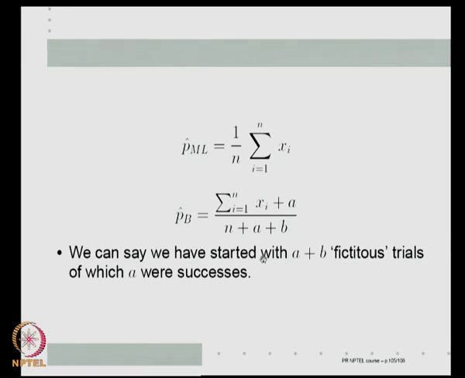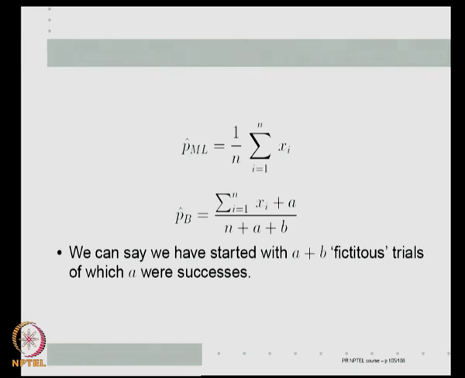So we can say that before any data is seen, we already started with a plus b fictitious trials, of which a were successes. We choose a and b to give some value for p like this. Of course, it is not dependent only on the fraction a by a plus b, because the actual shape of the density depends on the individual values of a and b. But essentially, it is like saying that I am tossing a coin and I want to find the probability of heads.